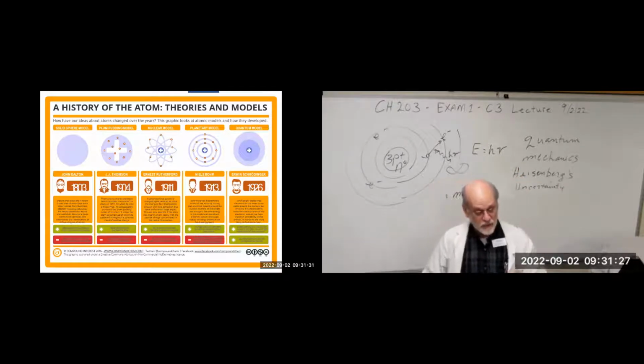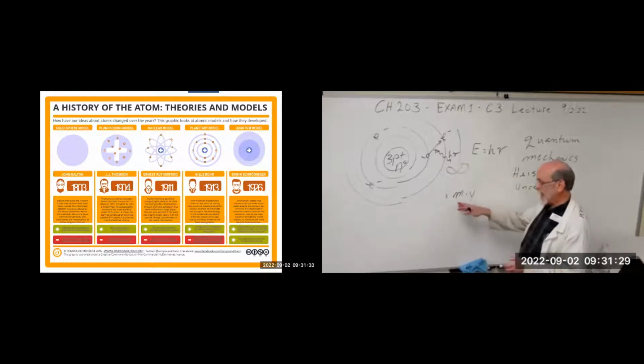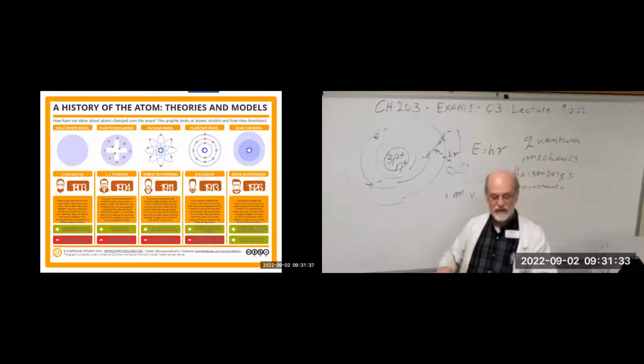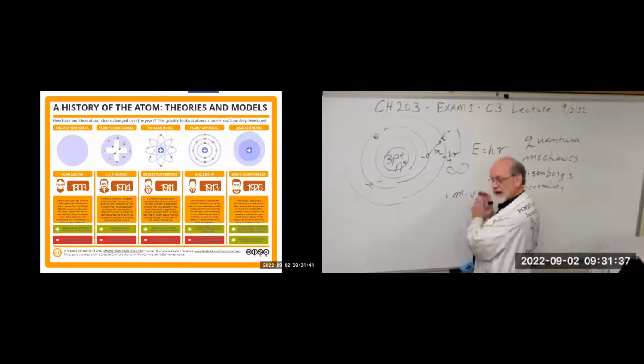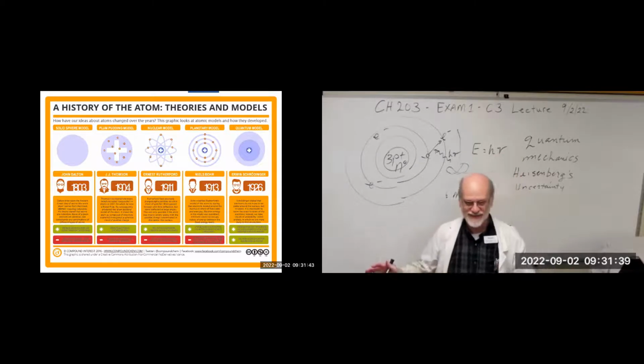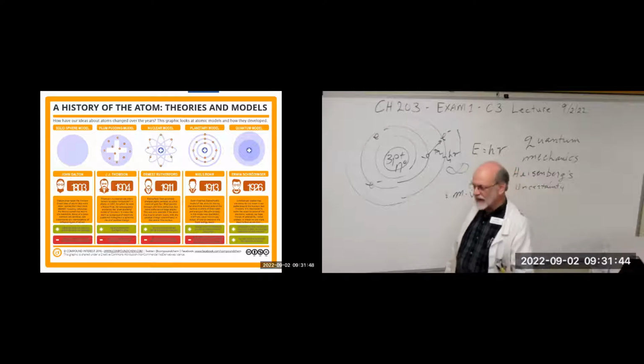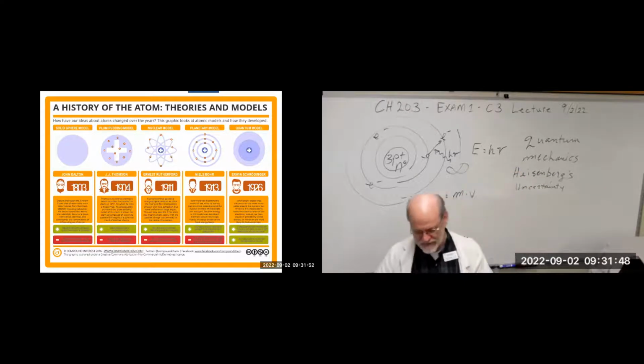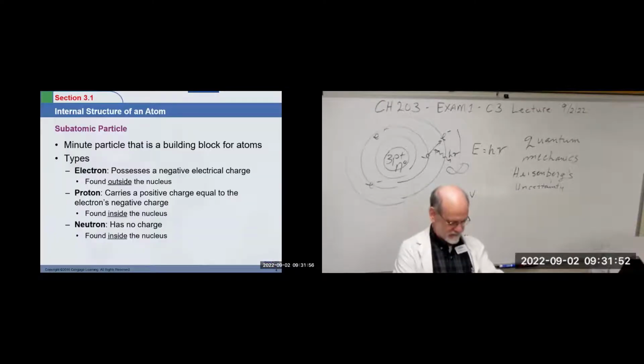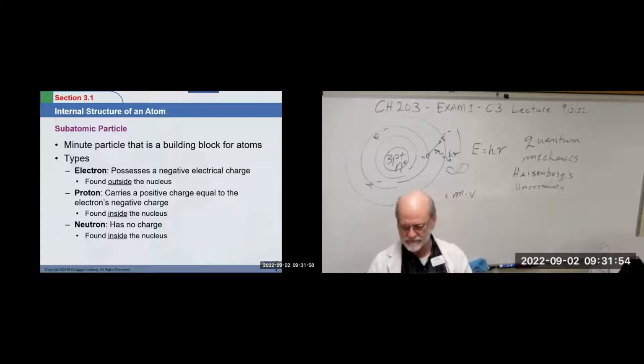So what Heisenberg said was, mass is not going to change, so you can't know how fast it's moving. You can't know anything about its energy if you know where it is. If you identify what its energy is, you don't know where it is. Okay? So he was kind of stuck. But that's the history of the atom in a 20-minute spiel.